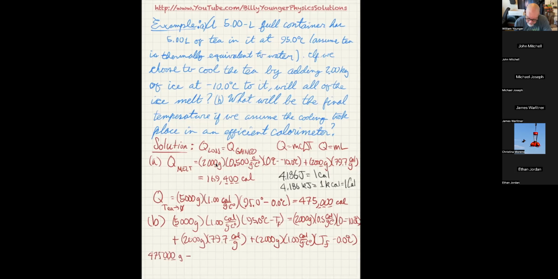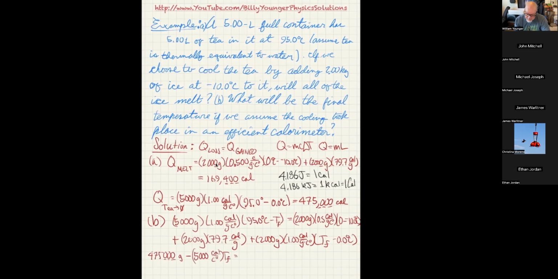The second term on the left-hand side is basically minus 5,000 T final. And notice the grams cancel out with the grams, and I just get calories per Celsius degree times T final. So that's the whole left-hand side.